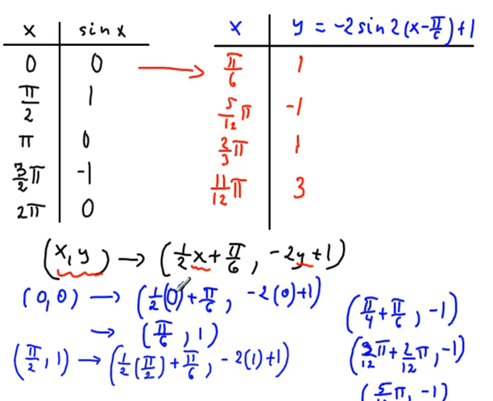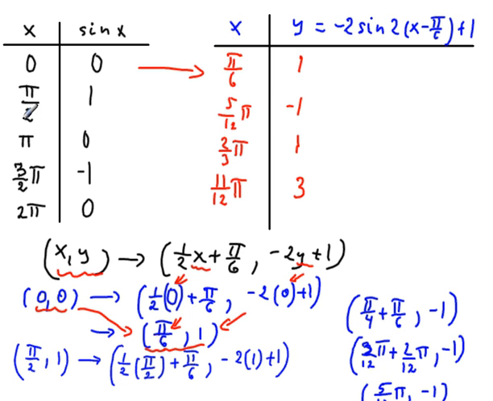So by substitution, you see that half times 0 plus pi over 6 gives you that, and this is straightforward. Negative 2 times 0 plus 1 gives you 1. So this is why this point (0, 0) is transformed into (pi over 6, 1).